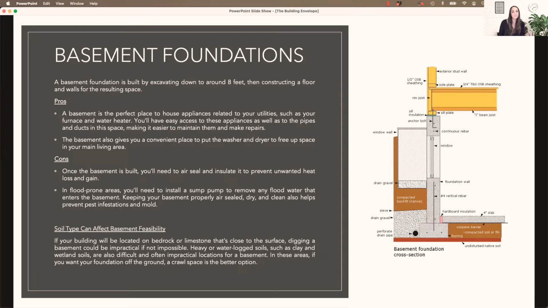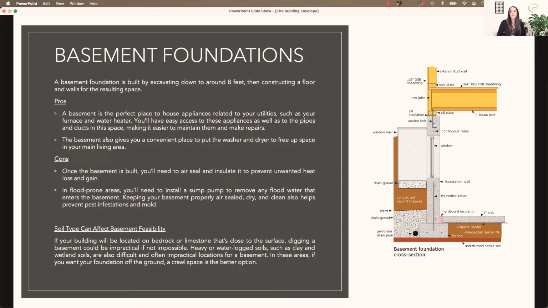Again, with basements, I think everyone is probably familiar with what a basement is and the additional living space it can provide. The cons about a basement are that it needs to be sealed and insulated all the way around the foundation so that you don't lose or gain heat.